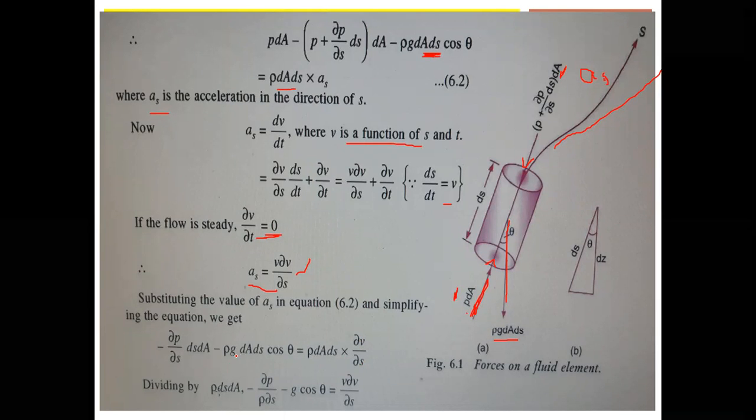Now dividing by rho ds dA, we get minus dou p by rho ds minus g cos theta is equal to v dou v by dou s.